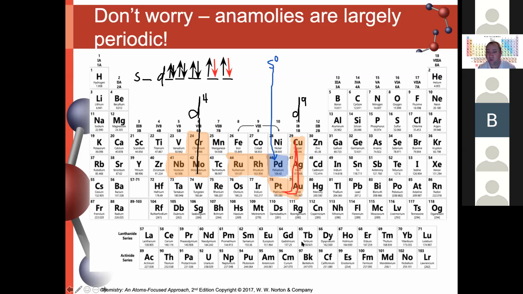The chances of doing anything with some of these elements is pretty low. They're very rare. There's a reason why the lanthanides and actinides are sometimes referred to as the rare earth metals. Their usage and their abundance, and therefore your chances of actually working with them, are relatively low.